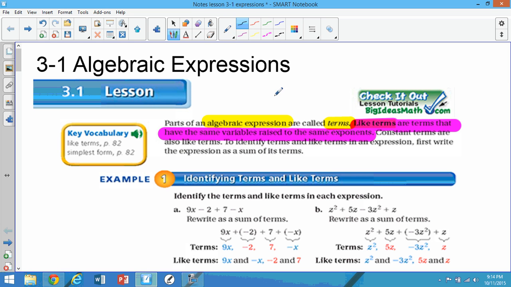is if you have an x and a 3 and a 2x, the x and the 2x are like terms. Okay, and we've talked about this before, x's go with x's and numbers go with numbers. This right here, in terms of a part of an algebraic expression, the 2, is called a coefficient.